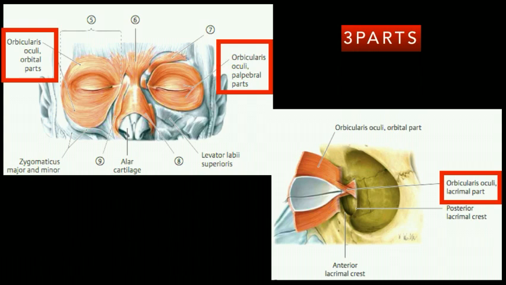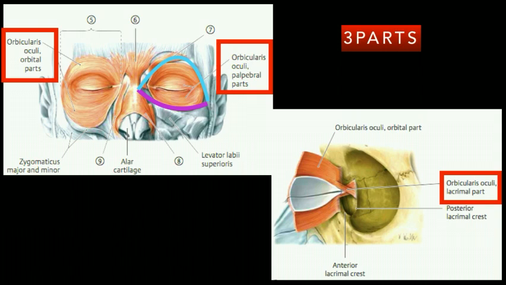The muscle extends between three bones of the skull, that is the frontal, lacrimal and the maxilla, and also the soft tissue structures of the periorbital region.